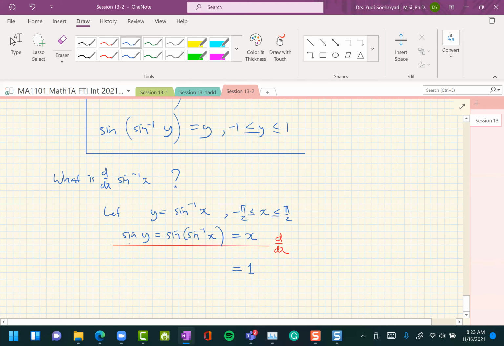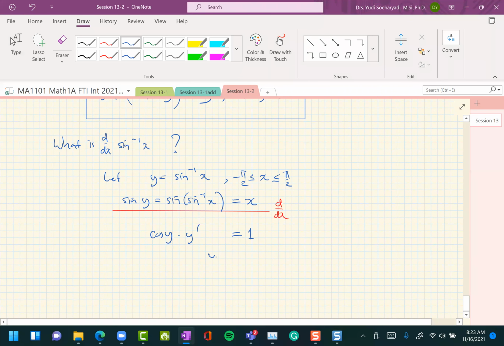And for sine y, the derivative of sine is cosine, so cosine y, and because of the chain rule we have to multiply by y prime. So here y prime is 1 over cosine of y. It's still in y.